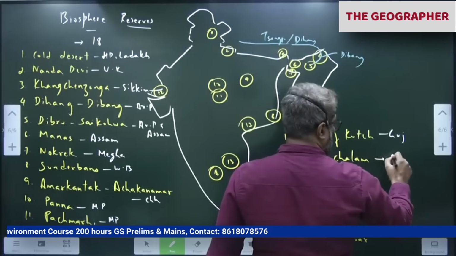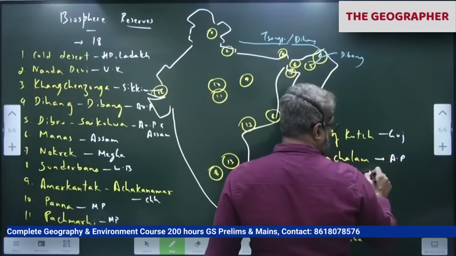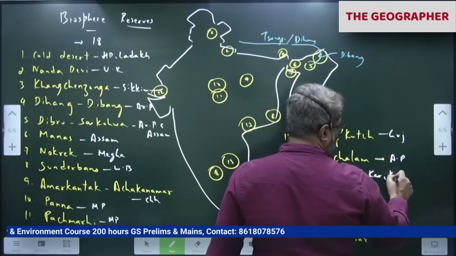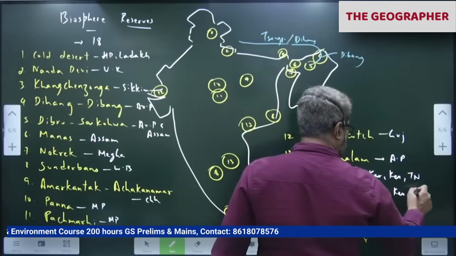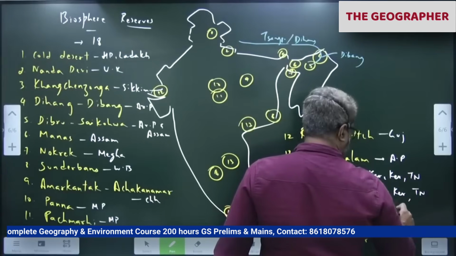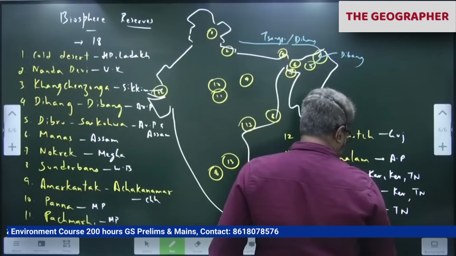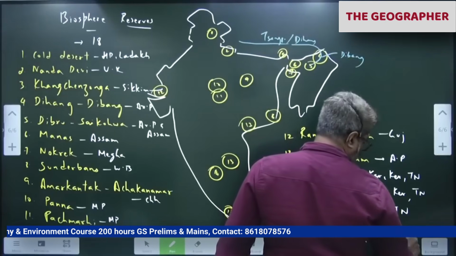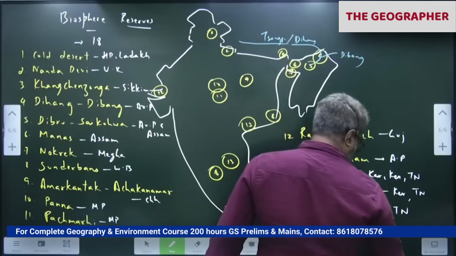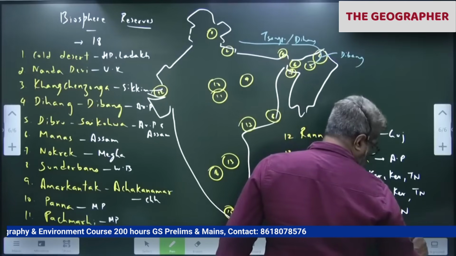Sheshachalam, AP. Nilgiris, three states: Karnataka, Kerala and Tamil Nadu. Agastyamalai, Kerala, Tamil Nadu. Gulf of Mannar, Tamil Nadu. Simlipal, Odisha. Andaman Nicobar. Just in case you want the states, I have mentioned them.